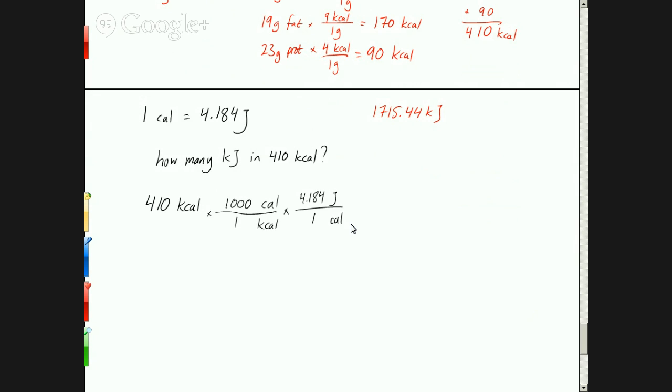Unless we're looking at food in this class, we're going to always use lowercase cals and kcals so we don't get confused. And then finally we need to go joules to kilojoules. So that means we're going to multiply by 1,000, 4.184, and then divide by 1,000.